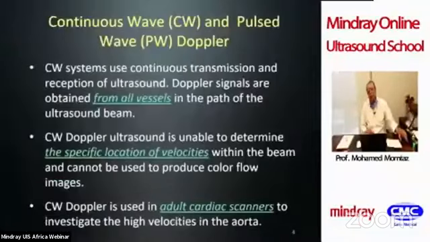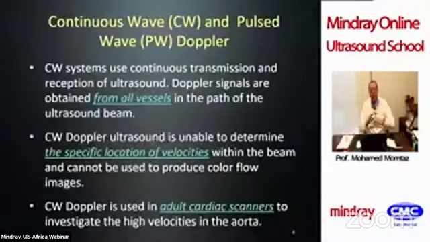There are also two types of wave Doppler, the continuous wave and the pulsed wave. The continuous wave uses continuous transmission and reception of ultrasound, and the Doppler signals are obtained from all vessels in the path of the ultrasound beam. Continuous wave Doppler is unable to determine the specific location of velocity within the beam and cannot be used to produce color flow images.